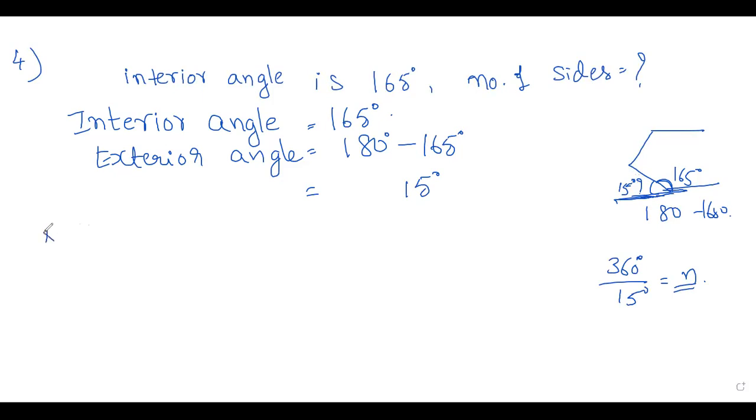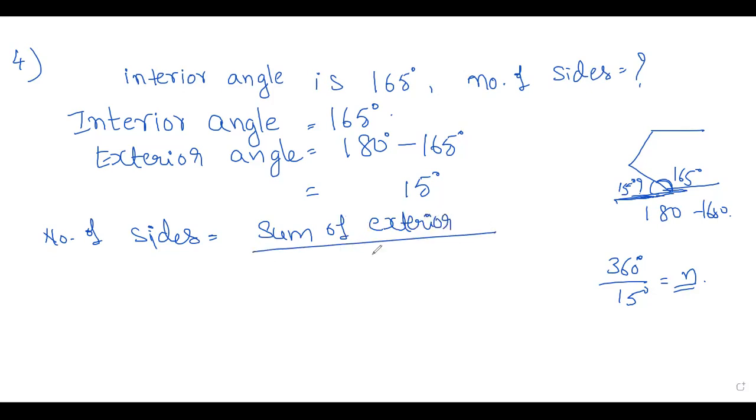The number of sides is equal to sum of exterior angles by each exterior angle. So the sum is 360, by exterior angle, each angle is 15 degree.